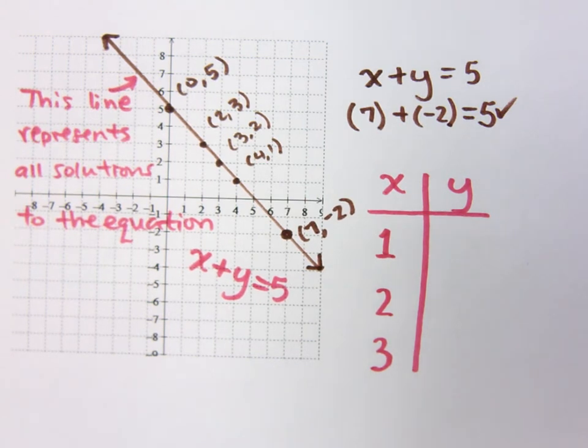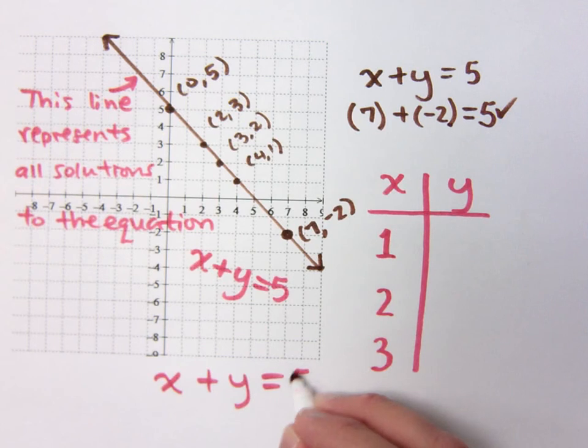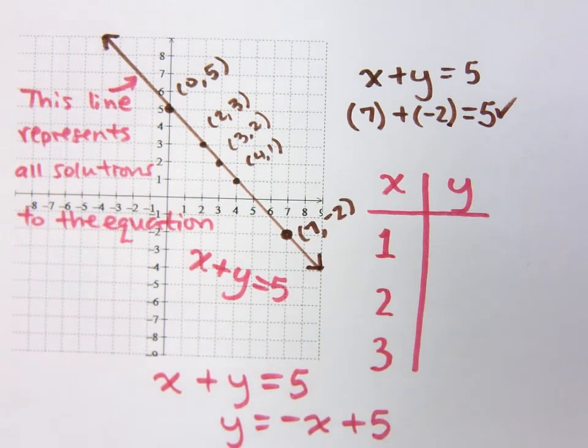And we talked about how important they were for us because it can allow us to take something like this, and I can solve this for y one time, and I never have to solve for y again. How do I get y by itself? I subtract x on the other side to make this negative x plus 5, right? So when I do that, I can just plug in values.